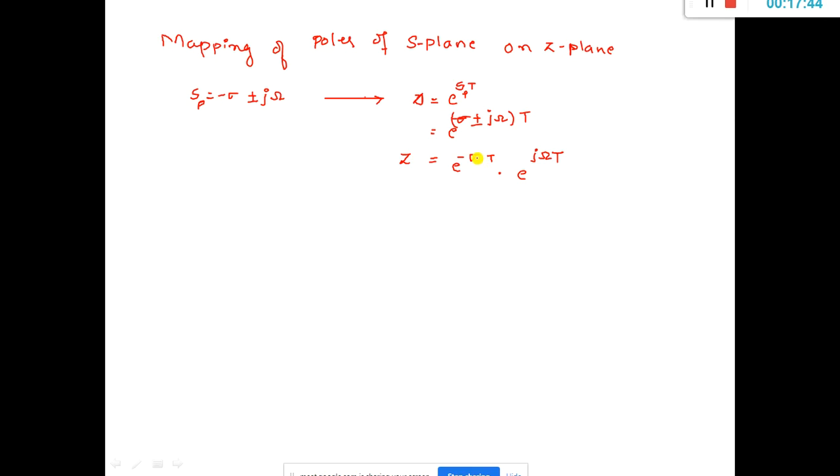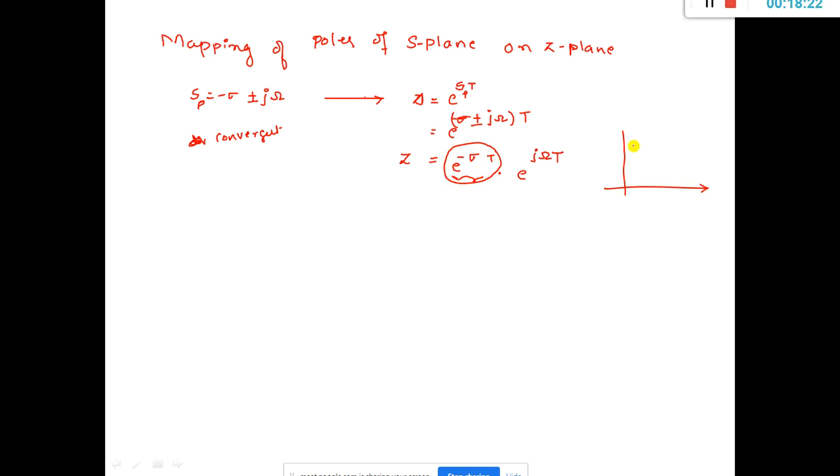Now, one point is very clear. My signal z, the frequency that I transform from the s plane to the z plane, will it converge or diverge? One very important point here: because of this negativity, the signal gets convergent, so that my system would be in a stable condition. Now this z is getting multiplied with e to the power of minus sigma into t for all the t values.